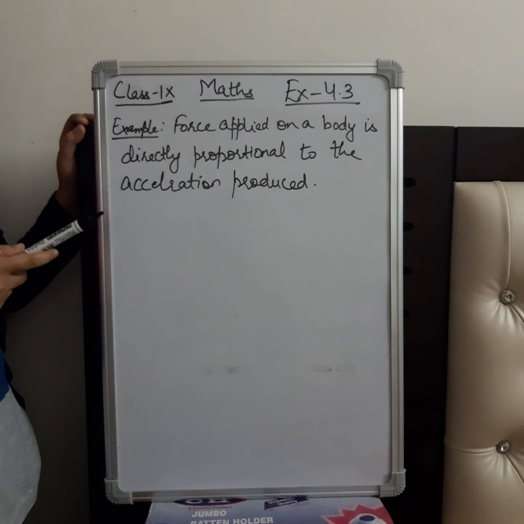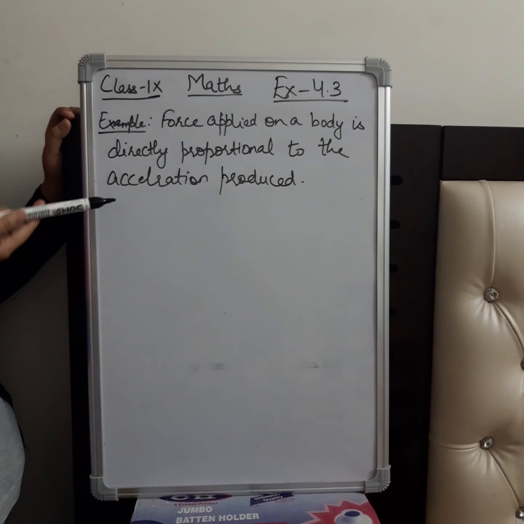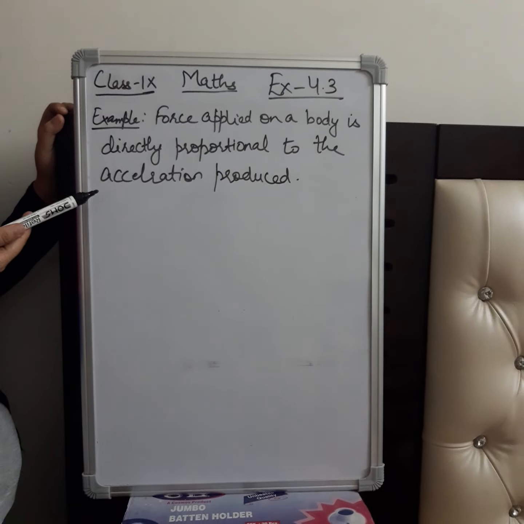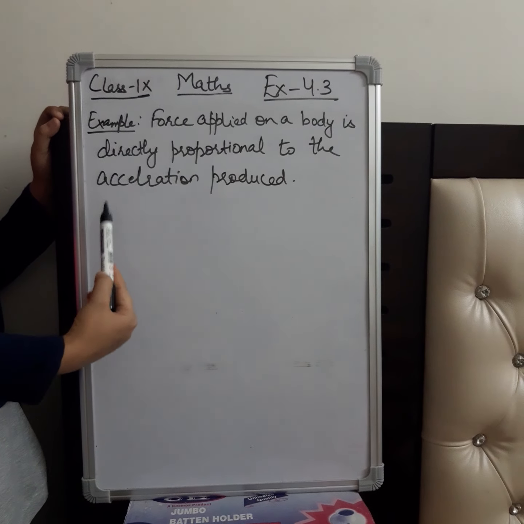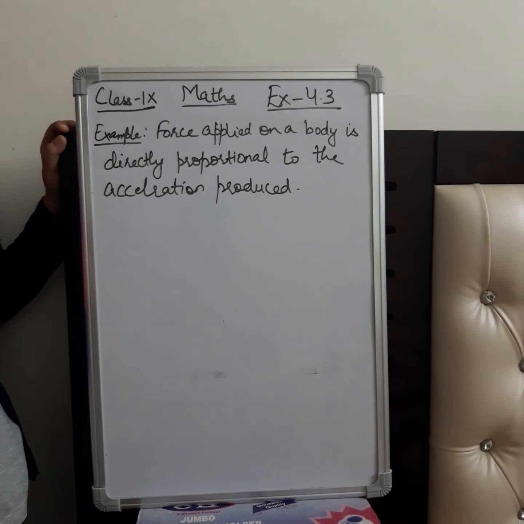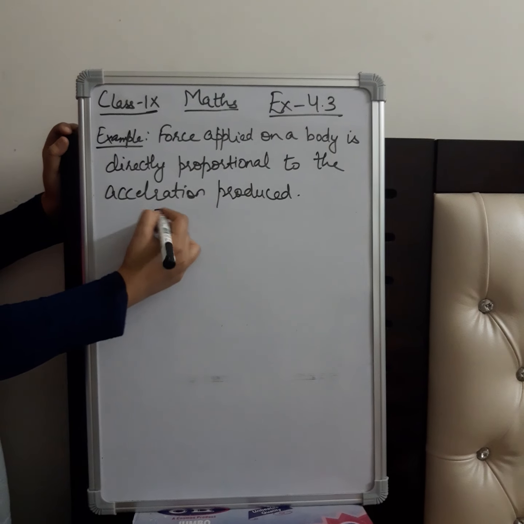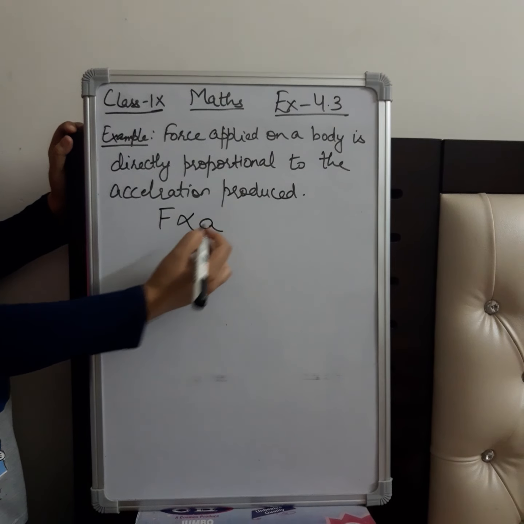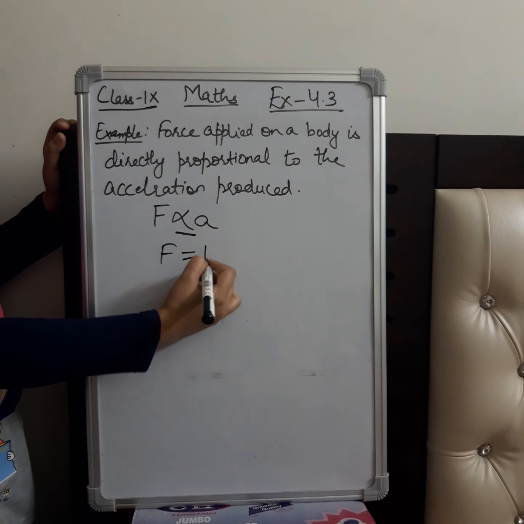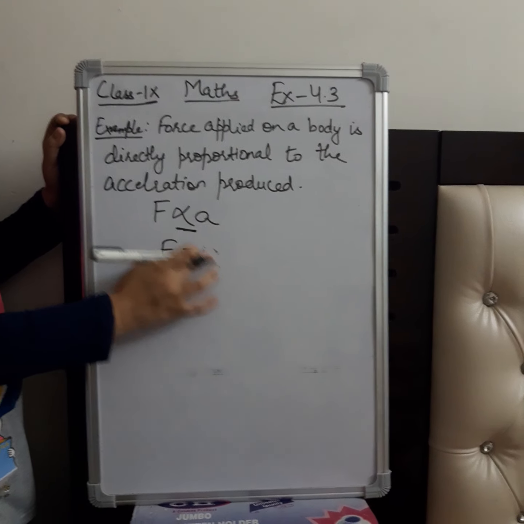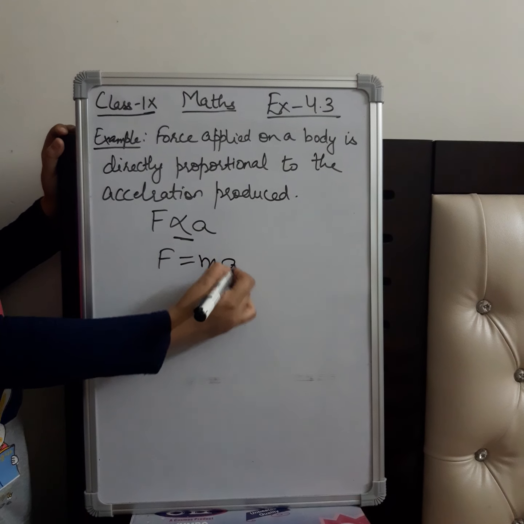Now next example is, it's given that it is somewhere related to physics, that force applied on a body is directly proportional to the acceleration. You must have studied in physics also. We used to write force is directly proportional to acceleration, and when we remove this sign of proportionality we write some constant, and in physics we write it as ma.